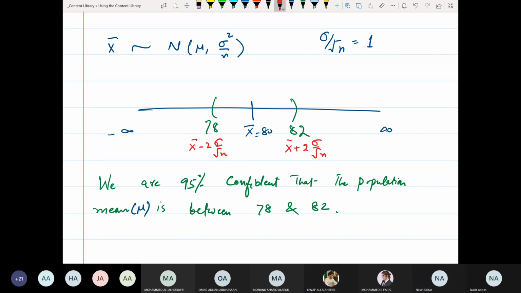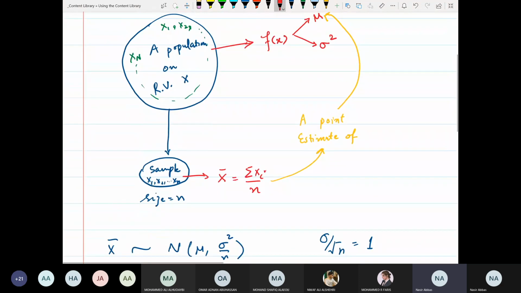Okay. So what I'm saying is that we are 95% confident that the population mean is between 78 and 82. This is a statement about what? This is a statement about mu. I'm giving a statement about mu, but I don't know mu. I have no information about mu. I have information about x bar. So what is this?